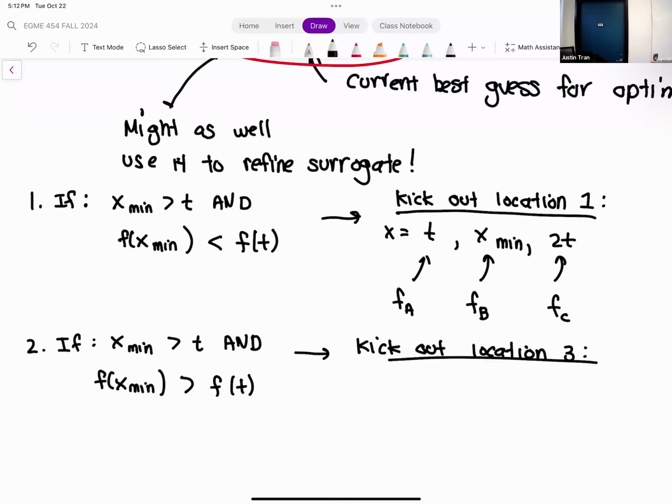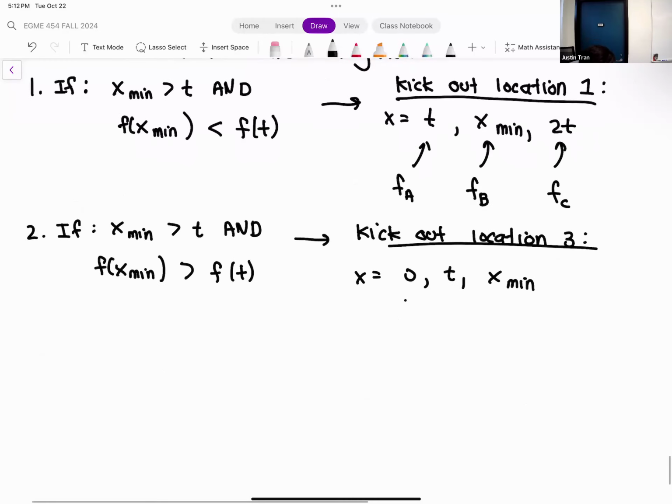And so our three locations where we're going to be evaluating our surrogate are x is equal to 0, x is equal to t, and x is equal to x min. Once again, this is going to be FA, FB, FC.